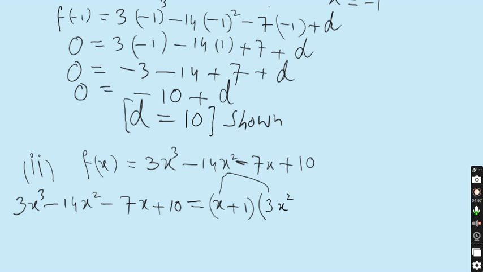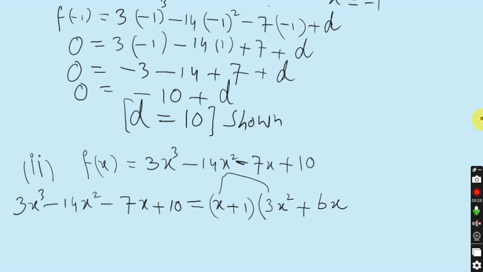Students, there are many methods to solve a cubic equation: synthetic division, or continuously finding the factors, or the method which I am applying over here. Then 3x square multiplied by x gives 3x cube, and then write plus bx. Always write bx. Now what should be the third term?